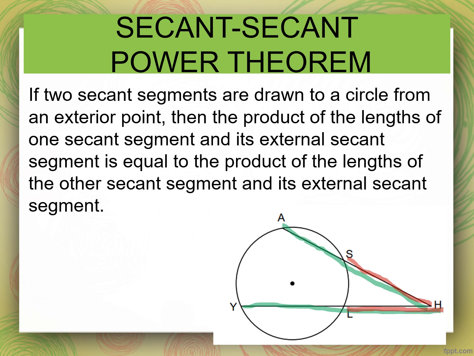Okay, now let us write a formula for that. So again, we have AH, this is the whole secant, multiplied by the outer secant SH.